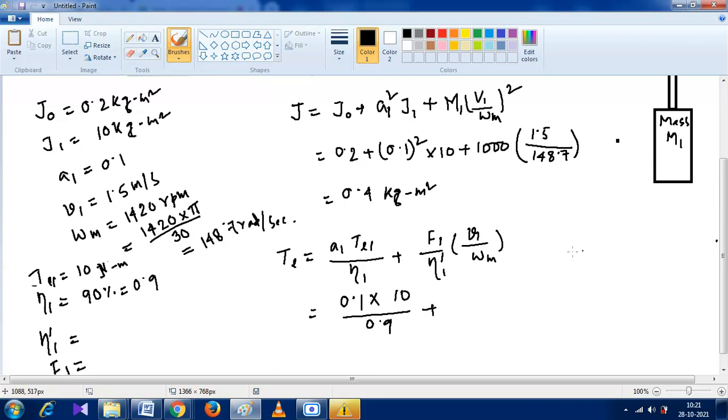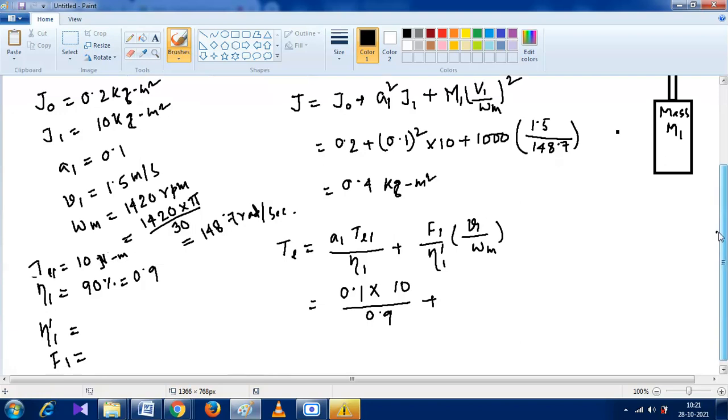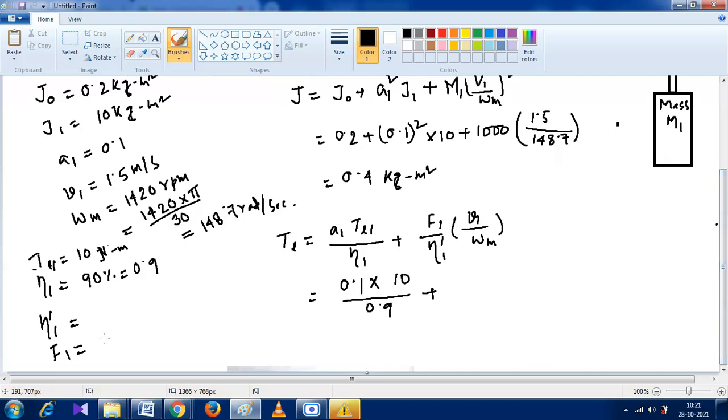Then what is the value of F1? F1 is the force that has to be given here. What is the value of force? That means mass into acceleration due to gravity, G. What is the value of M? 1000 kg. And what is the value of G? 9.8 meter per second square.